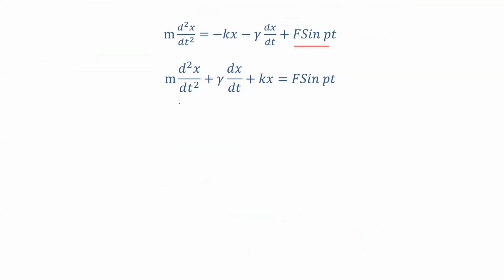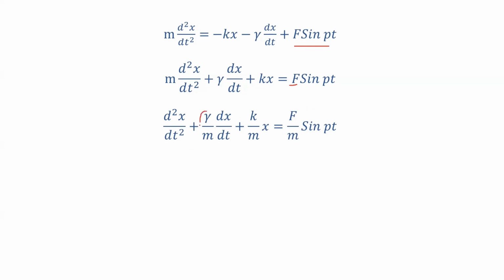Now we divide throughout by m. Then m will be cancelled here. Here we will get gamma by m, here k by m, here F by m. So d square x by dt square plus gamma by m dx by dt plus k by m into x equal to F by m into sin pt.